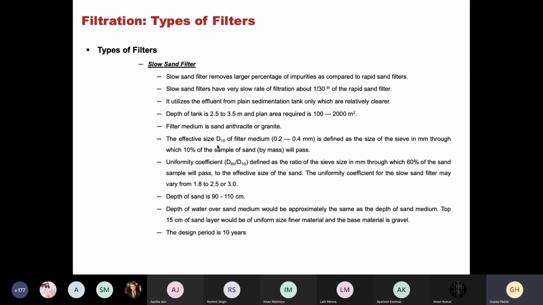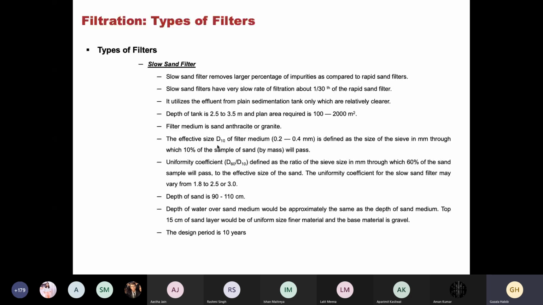So sieve analysis, maybe the students from civil engineering have learned about it. You have also seen a sieve in your home. These sieves are arranged in such a way that the top sieve is of a bigger size, then smaller, and the bottom sieve is of the smallest size.